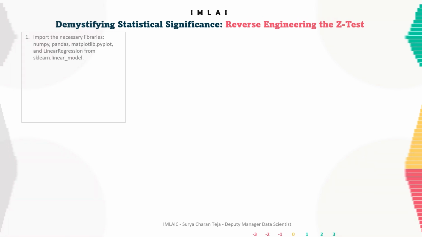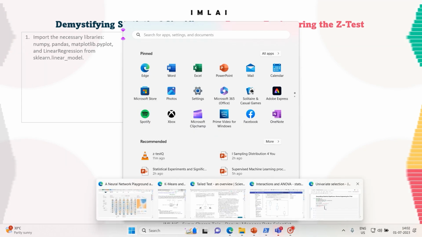As usual, the first step is to import necessary libraries: numpy, pandas, matplotlib.pyplot, and the linear regression module from sklearn.linear_model. That's what I have just copied here. You can see that.